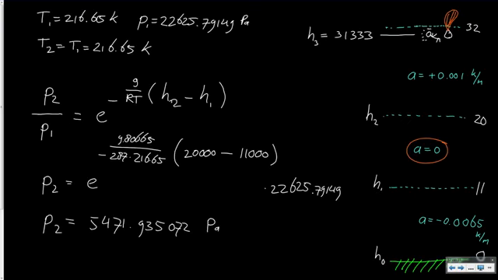And again, using rho equals P divided by RT, we can now also calculate our density, which is already quite low, 0.088039 kilograms per cubic meter.